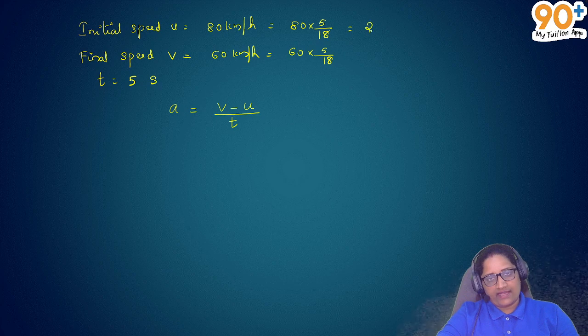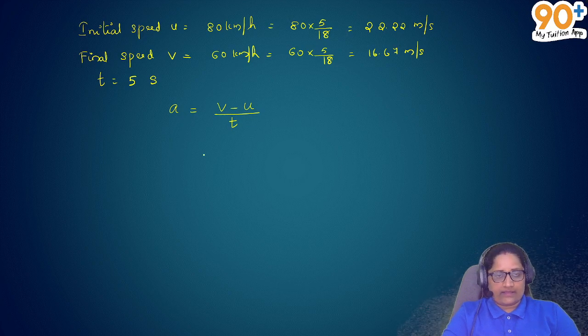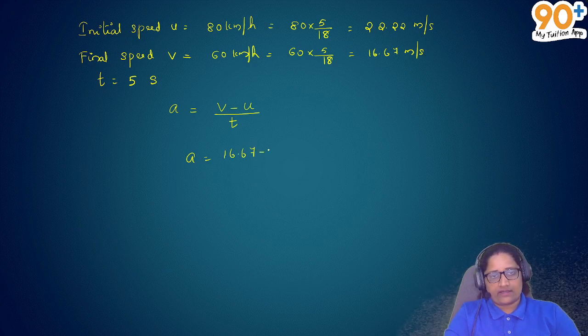See, I can divide the marks like this. So 22.2 meter per second, and 16.67 meter per second. For the equation, a is equal to v minus u divided by t. Then we have v 16.67 minus 22.22. Minus is there, okay?